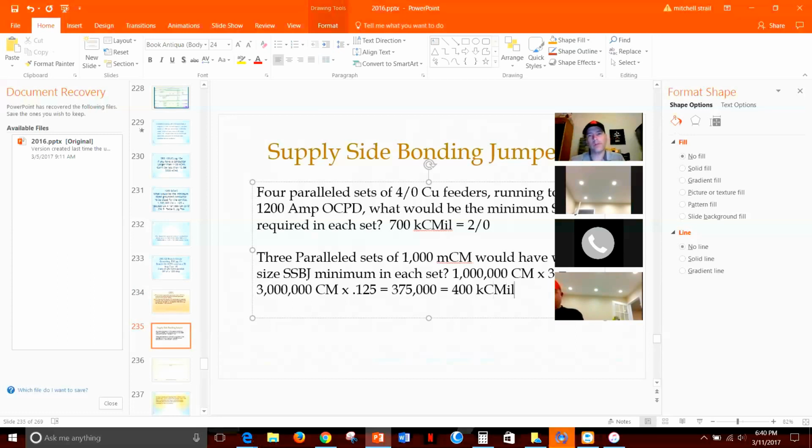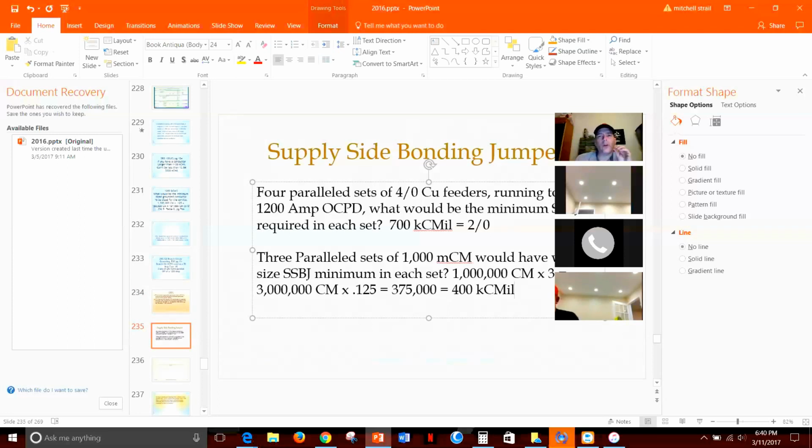You go back to that table to find out the 400 KCM. Yeah, you could, either way. But is it 400 or 450? 400, isn't it?